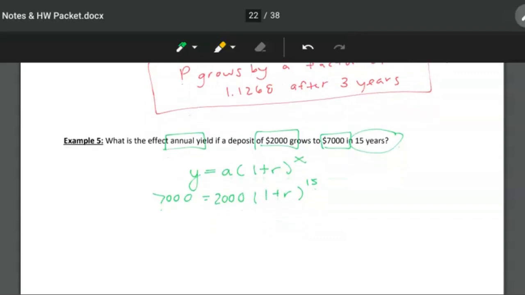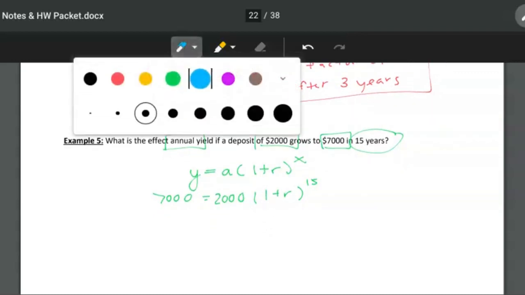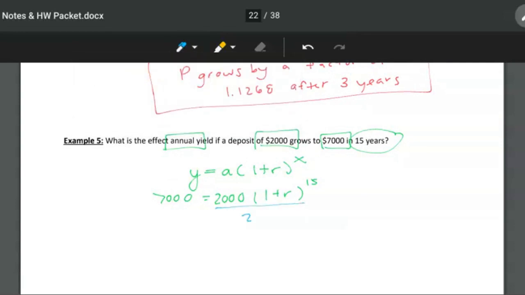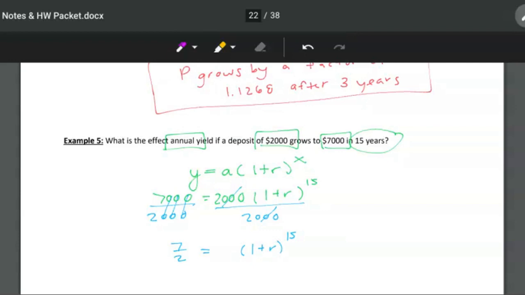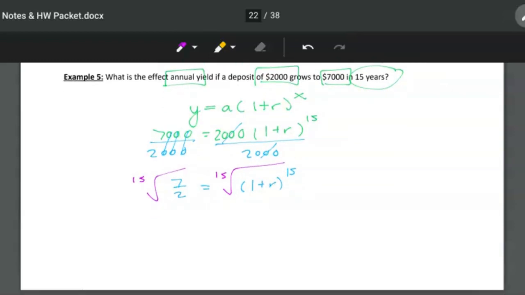We need to work on getting r by itself. So what I would do first is divide both sides by 2,000. On this side, we get 7/2 equals 1 plus r to the 15th power. The next step is we want to get r by itself. Take the 15th root of both sides. So we end up with 1 plus r.